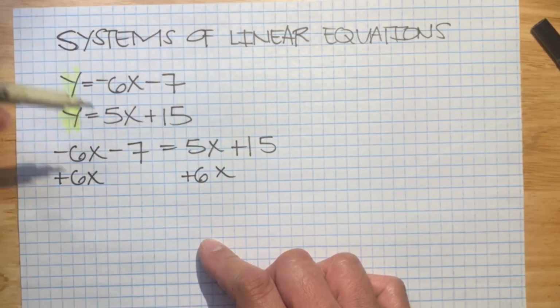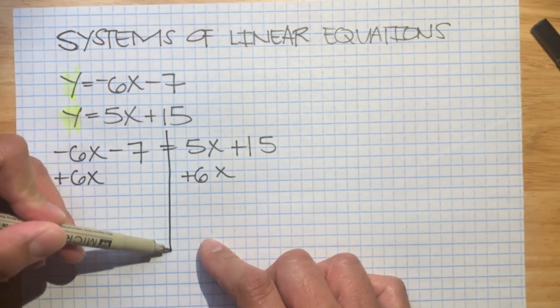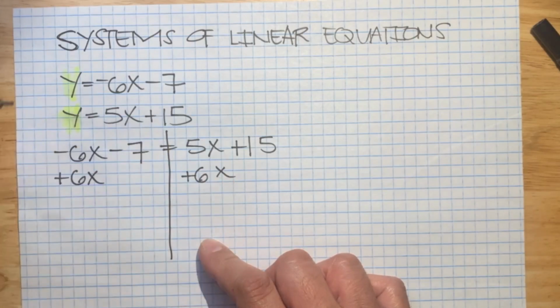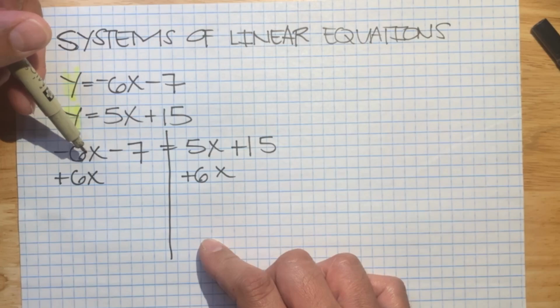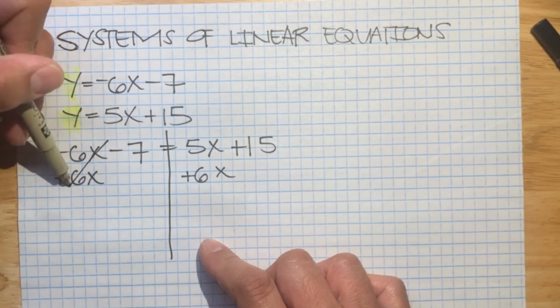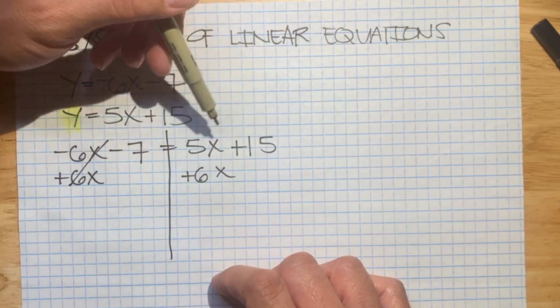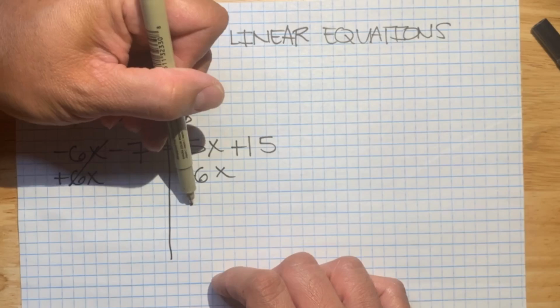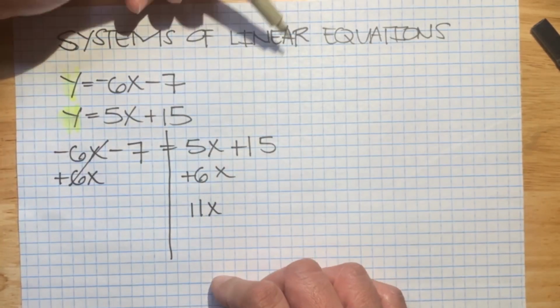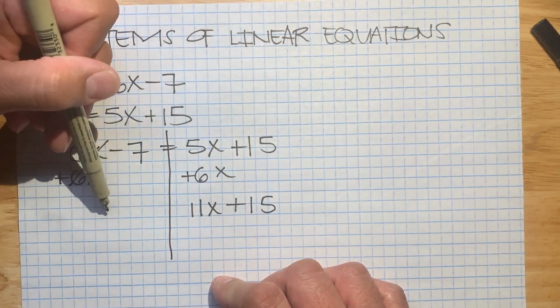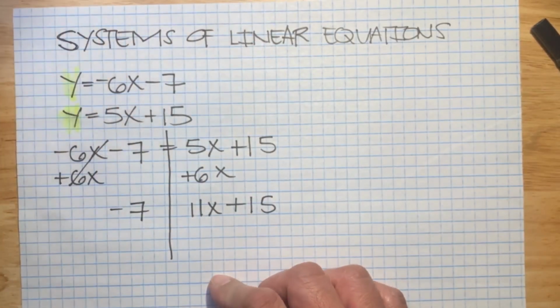So some teachers like to write a little line right here just so that we know that we're putting things on both sides of that line. And the negative 6x plus the 6x cancels out or eliminates each other. 5x plus 6x added together is 11x. We're going to bring down that 15, and we're going to bring down this negative 7.